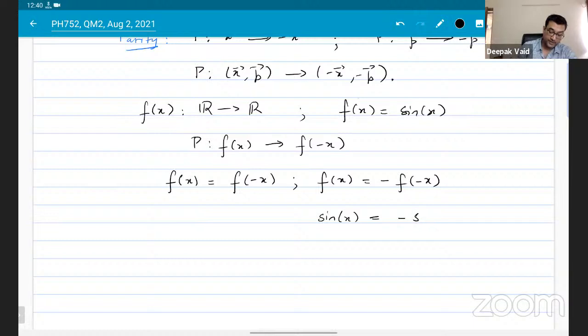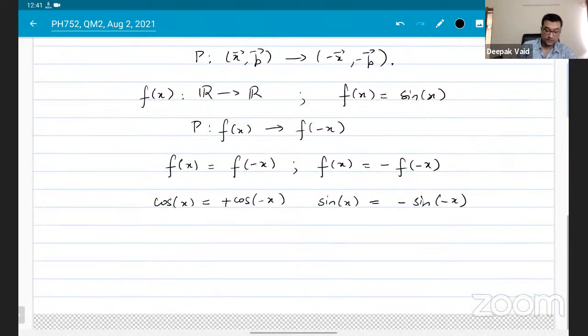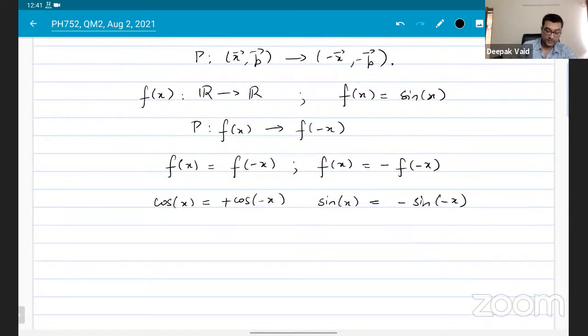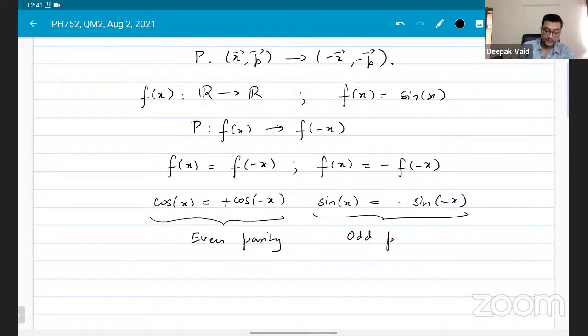It's equal to minus sine of minus x, right? Sine of minus x will give you minus sine x, and the minus of that gives the negative of sine of x. An example of a function which satisfies the other property is cosine of x. So this is referred to as even parity, and this is referred to as odd parity.